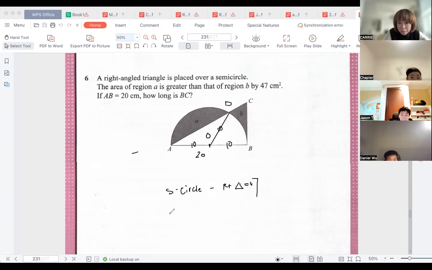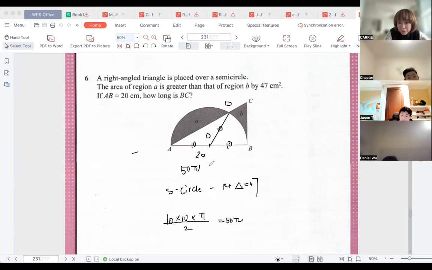Okay, area of the semicircle is 10 times 10 times pi, divided by 2, equals 50 pi. Thank you, Chapter. Okay, the one who sent me 100, 要打屁股了，对不对?